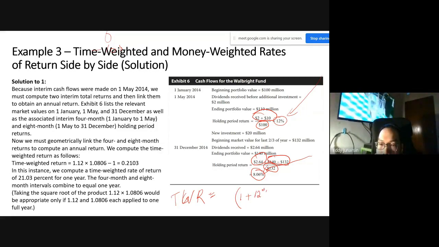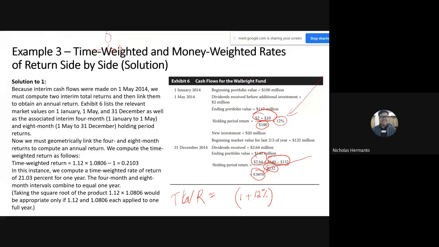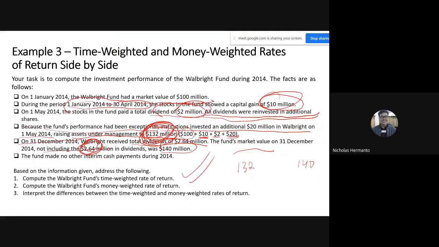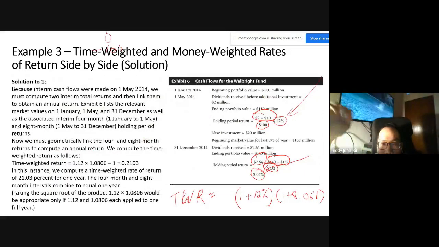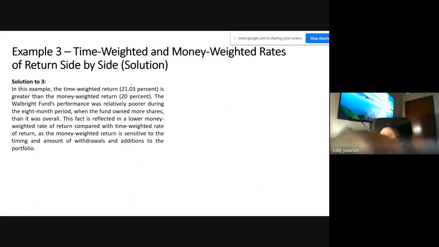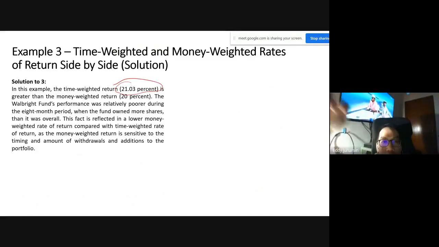Then times 1 plus 8%. Because it's within the same year, you don't need to do the power. So how much did we get? Here. You don't need to calculate because they did it for us. The time weighted return is 2103%.